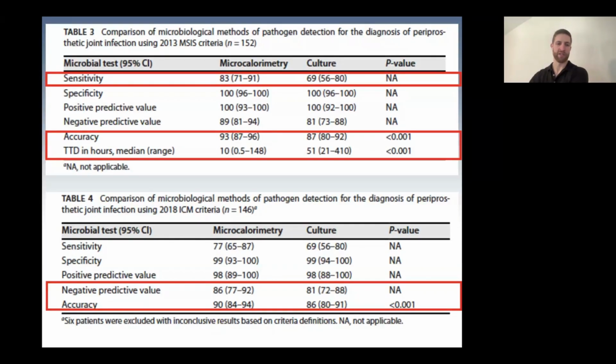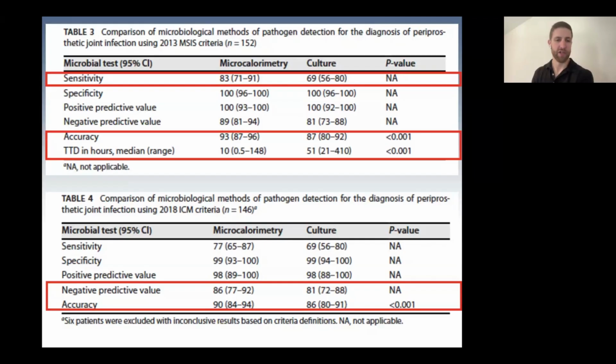That said, of those 6 that were excluded, 4 of them had one of the samples positive by calorimetry, and if we would have substituted calorimetry into the criteria in place of cultures, they would have been positive by calorimetry, and it would have improved the accuracy results back up to the 90, I think it was 95% range for those cases.